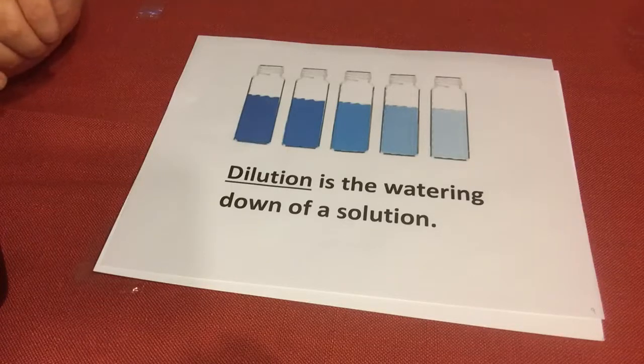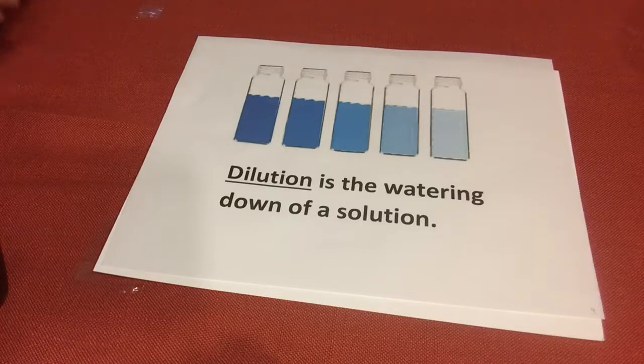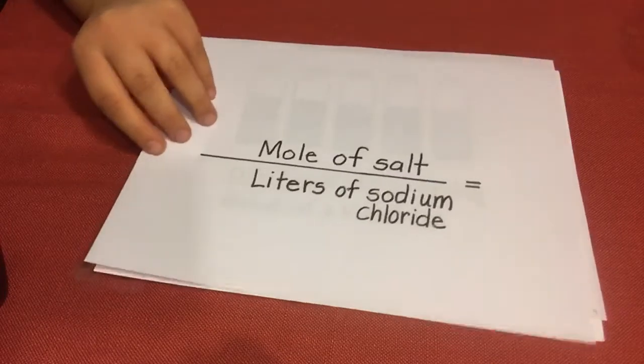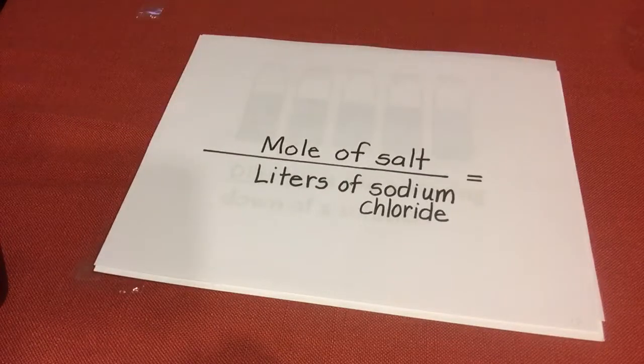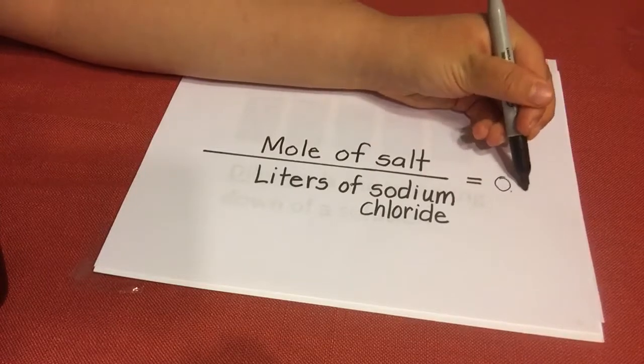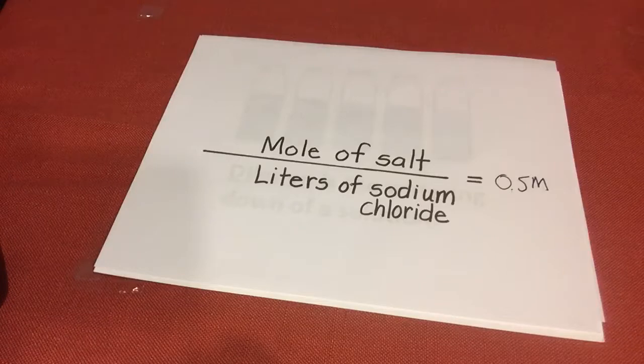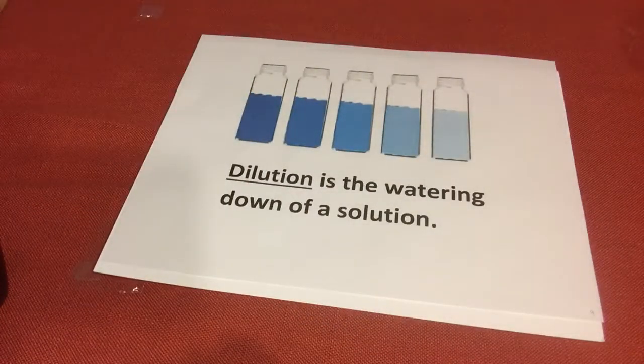In other words, the new concentration of the diluted salt solution would be 0.5 molar, because we're dividing. You can say that we have decreased the concentration of the solution by a factor of 2.